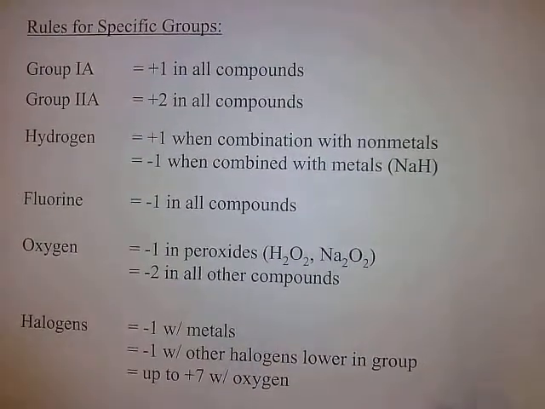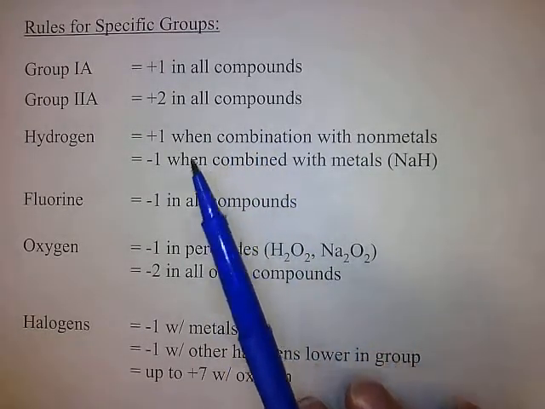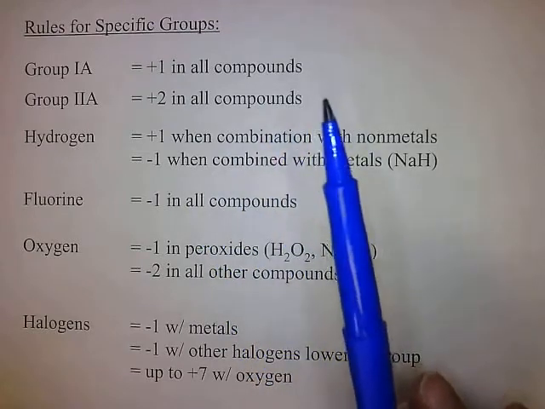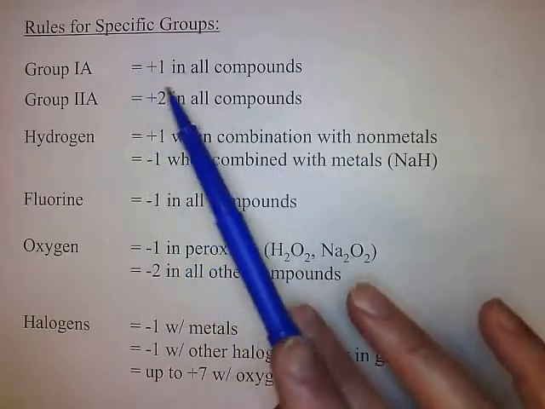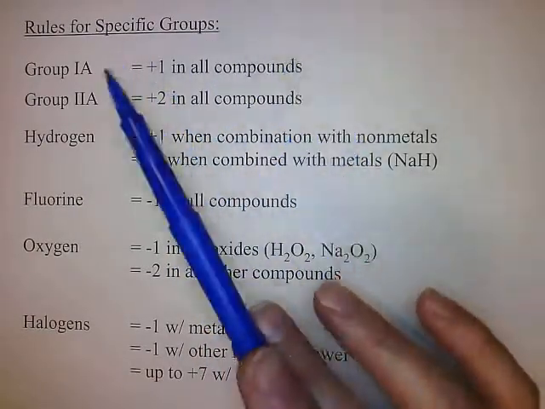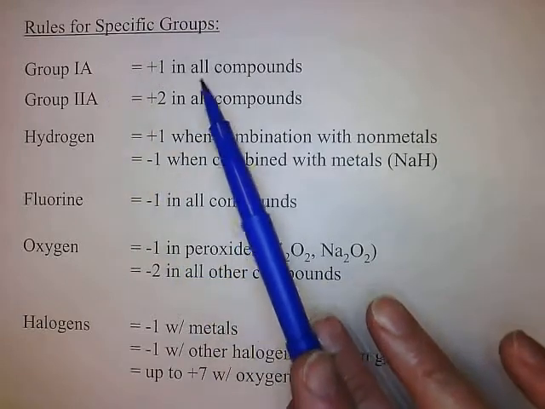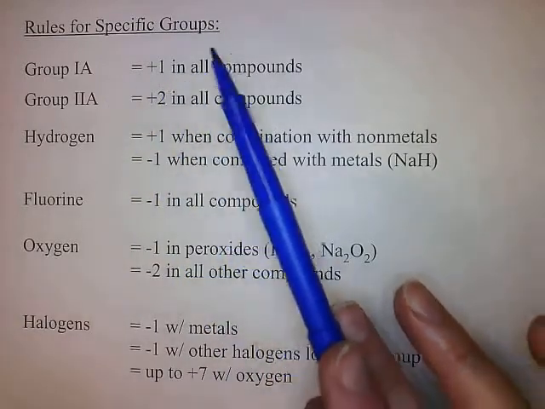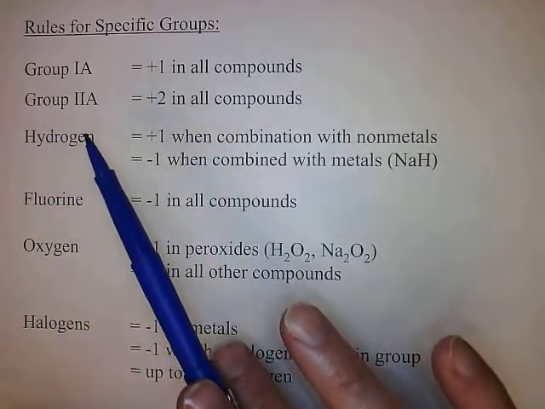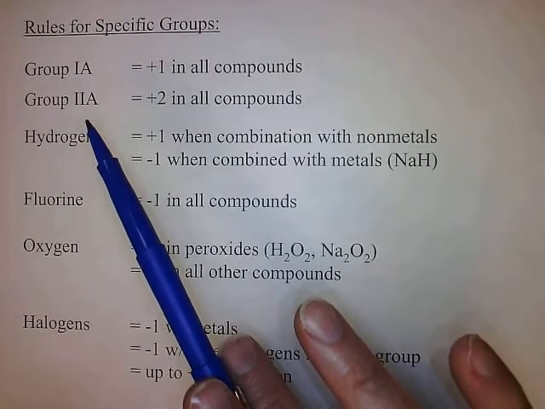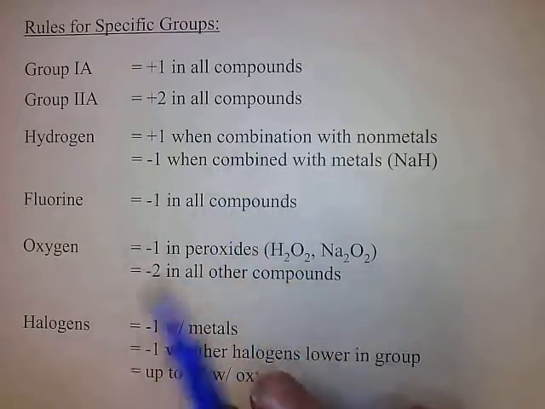All right, so group 1s. Some of this we've already gone over in previous chapters. Group 1s, that's the alkali metals. Remember, we already told you that they form +1 ions. Well, that also means they have an oxidation number of +1. So the group 1s have a charge of +1, or oxidation number of +1, in all their compounds. Group 2s, that's the second column, the alkaline earth metals, are +2 in all their compounds.